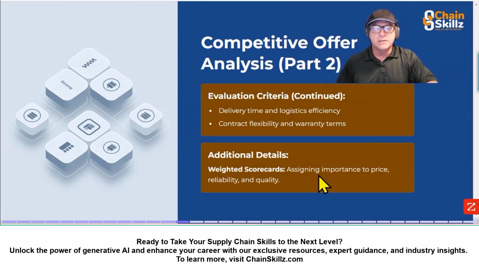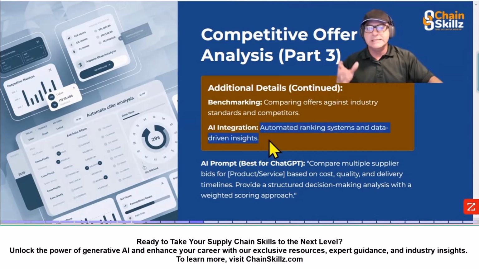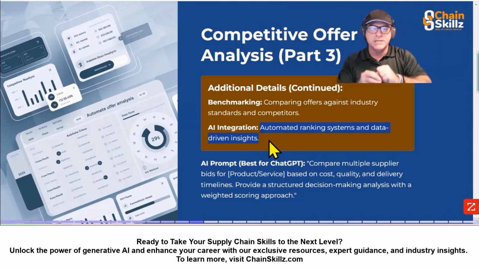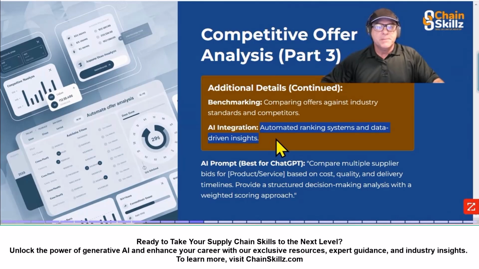All this would come together as we start to analyze the offers that were being presented, right? Benchmarking against comparative offers and using AI to automate ranking systems. Now, this is where we get more into integrating systems because we can reach out to APIs, reach out to Amazon platforms, other supplier platforms to get information, reach out directly to the vendors themselves to get information. But we're not to that point yet.